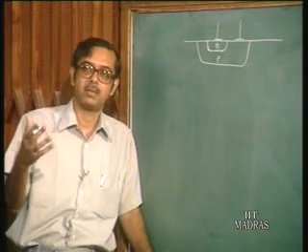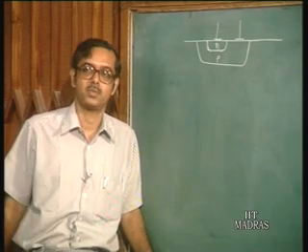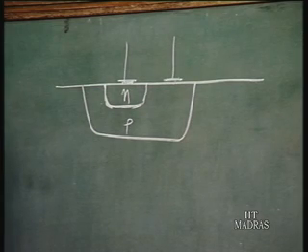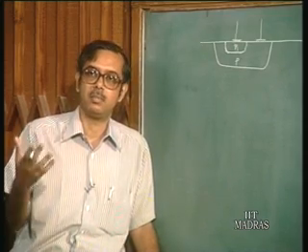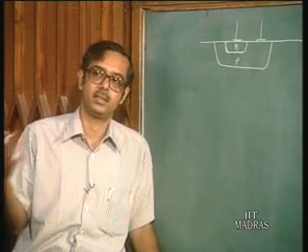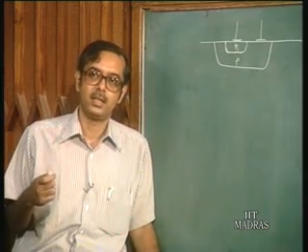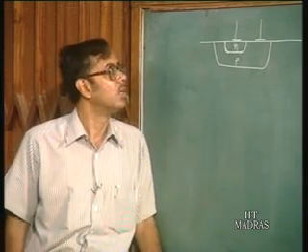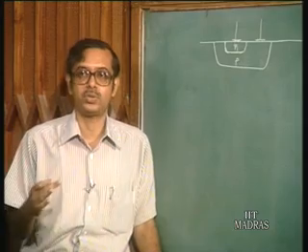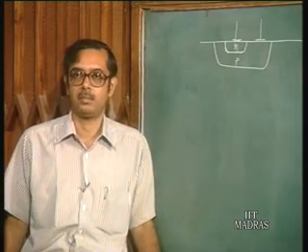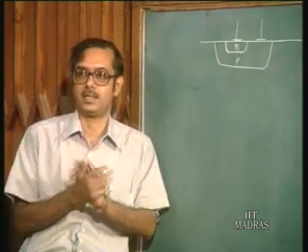Of course, in the emitter base junction it is the diffusion capacitance which dominates. That is because there is large charge storage, and the diffusion capacitance is many times larger than the junction capacitance. So that is the problem. So we have to see how we can reduce this emitter base capacitance as such.